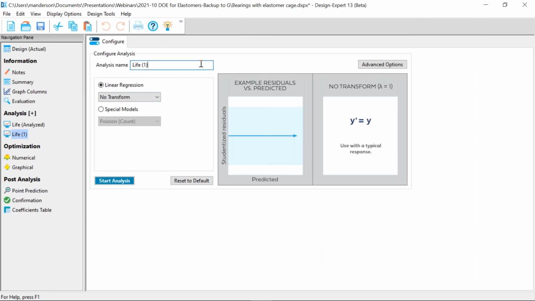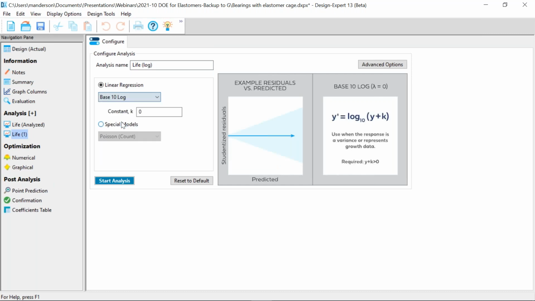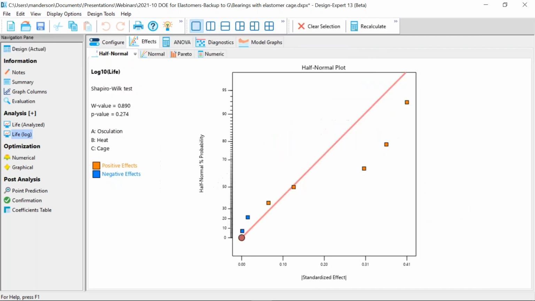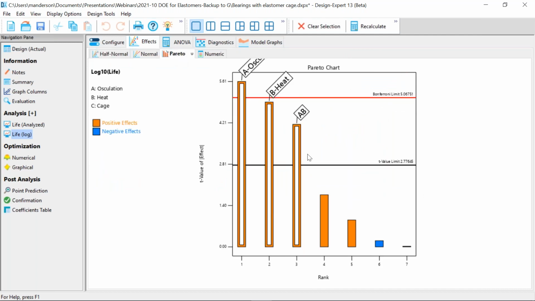So I'm going to use a feature in Design Expert 13 that allows us to do a second analysis. And this one I'm going to transform using log. You can either use base 10 or natural. I'm going to use base 10. And when we do that, we get even more of a separation of these three off to the right, and even higher results on this ordered bar chart or the Pareto, even going above the more conservative pairwise Bonferroni.